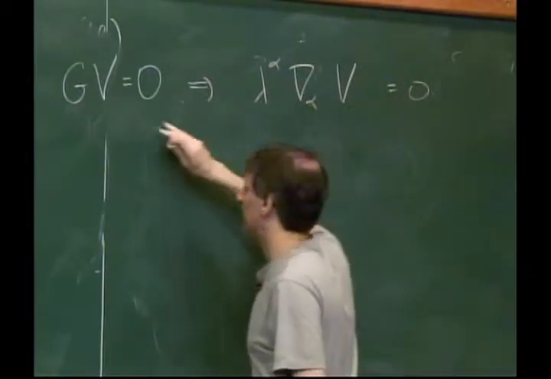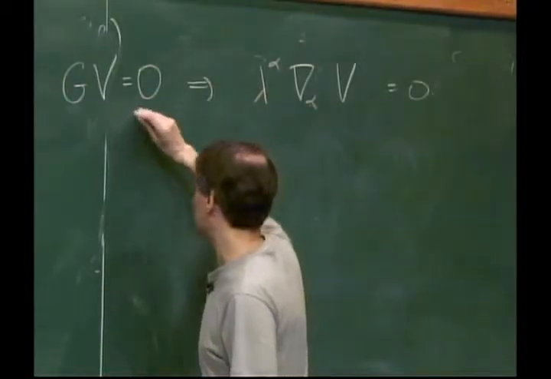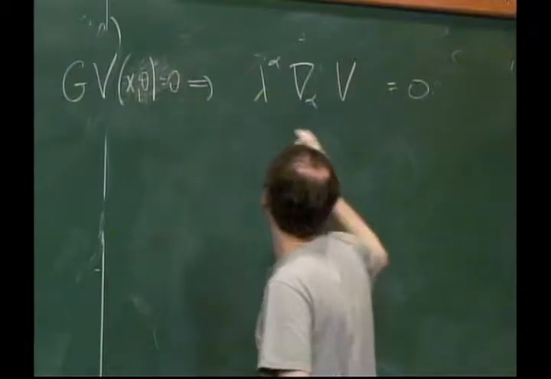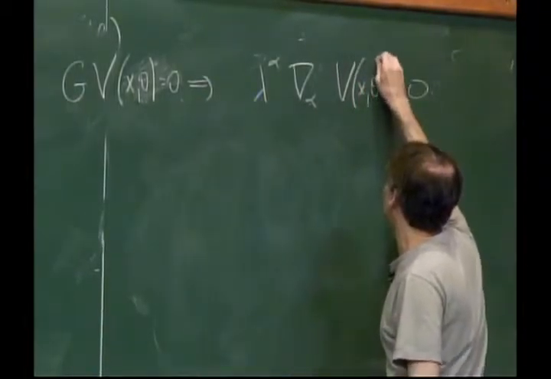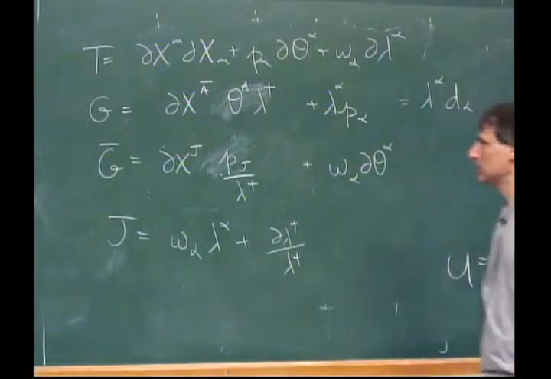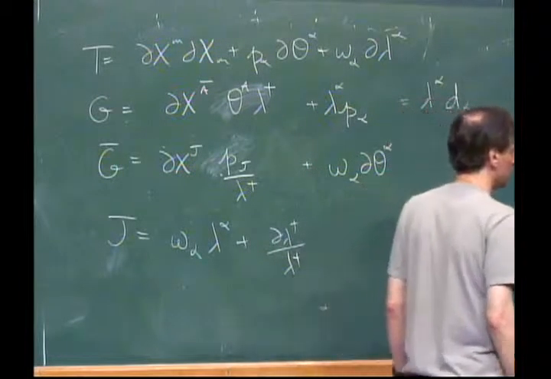So this v I'm defining as a function of just the x's and thetas. And this equation here was first shown by Paul Howe in the 90s to describe super-Yang-Mills.